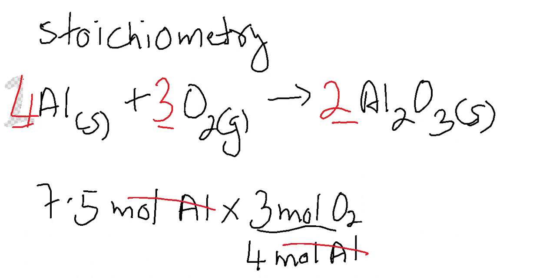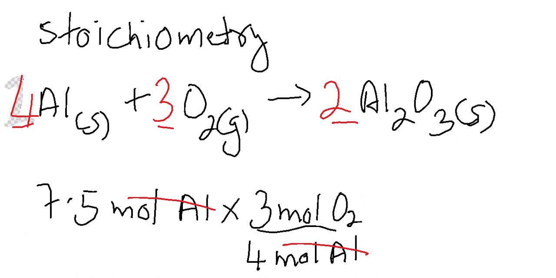And when you do the math, make sure you round to the correct sig figs. Now the numbers 3 and 4 are not measured numbers. They are obtained from the coefficients of the balanced equation. Hence they have infinite sig figs. They are exact numbers. The only limitation here is the 7.5, which is a measured number.